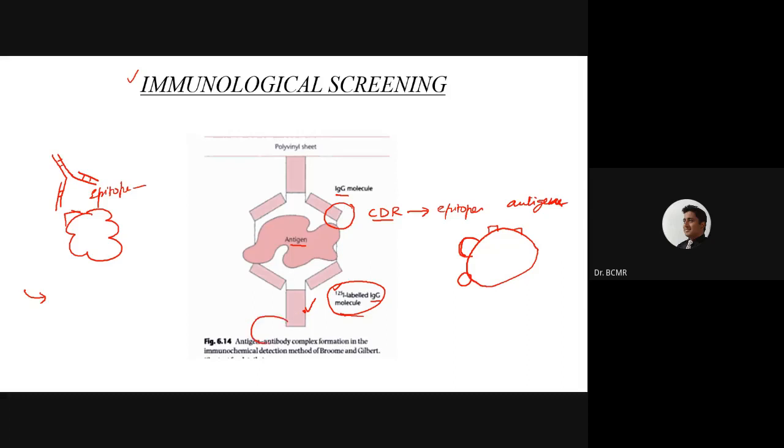There are also many other techniques, as we will see in blotting techniques, where they add an enzyme conjugate, which takes a chemical reaction. Otherwise, radio labeling is easy, but it is harmful, so people do not follow this as much unless very required.